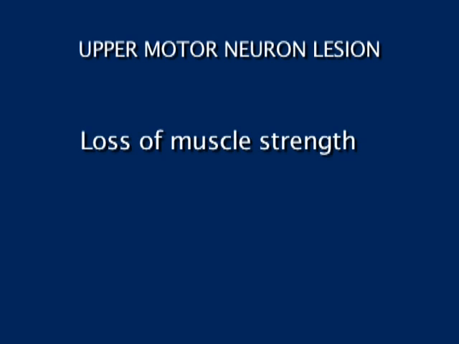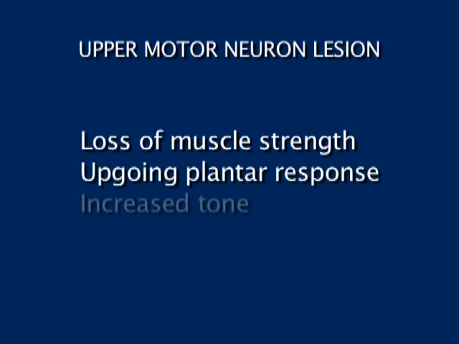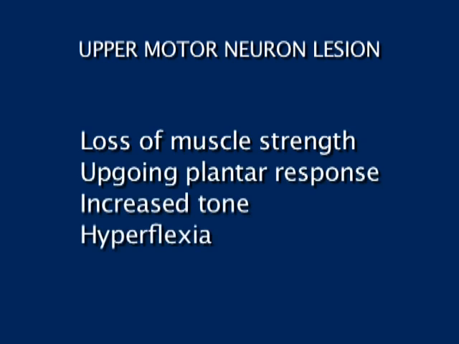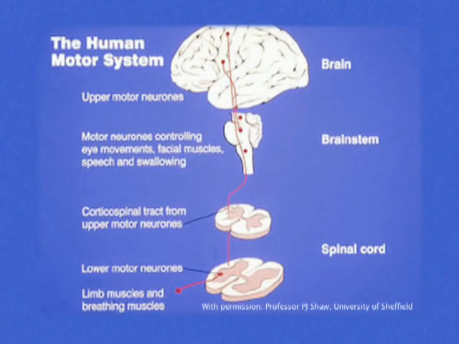Classically, lesions of the upper motor neuron present as loss of muscle strength and dexterity distal to the injury, a Babinski sign, increased tone, and hyperreflexia. Remembering that the corticospinal tract crosses at the pyramidal decussation, upper motor neuron lesions will present with contralateral deficits for lesions above the pyramids and ipsilateral deficits for lesions of the spinal cord.